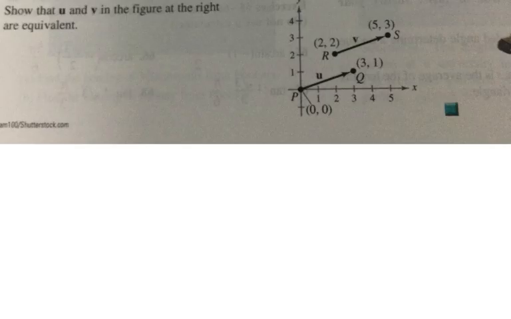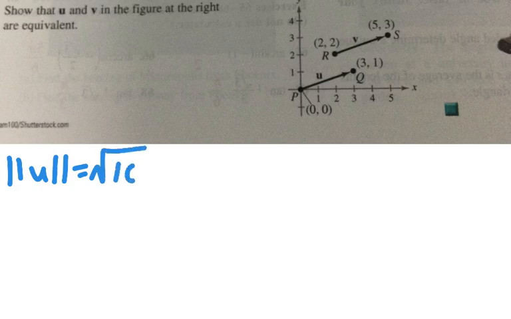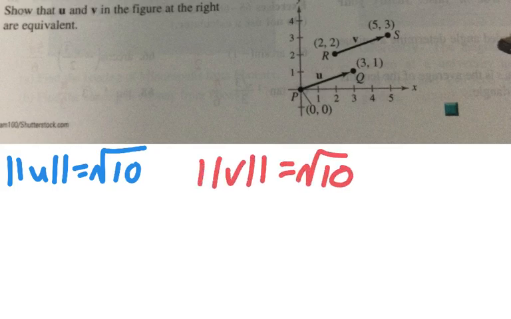Okay, so hopefully you've been working this out. You found the magnitude of u to be radical 10. The magnitude of v is also radical 10.